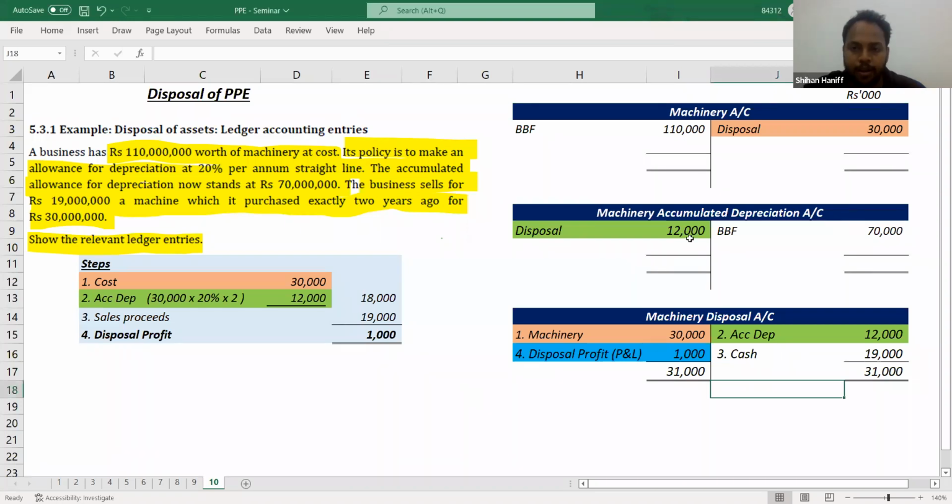Right. Then one more thing you need to do after this. You need to calculate the remaining depreciation, the total depreciation for the current year. That's the fifth step.